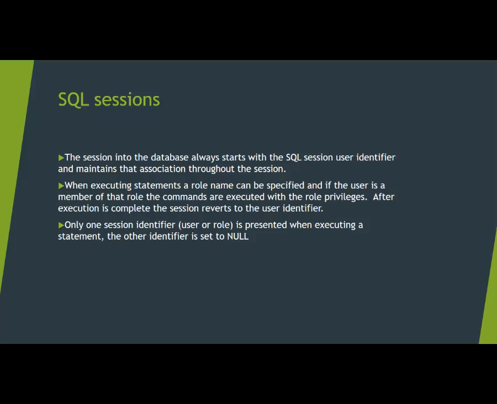SQL sessions always start with the user identifier. Then when you execute statements, the statement can typically be executed as a role name or as a user identifier, and then it reverts back to the user identifier.